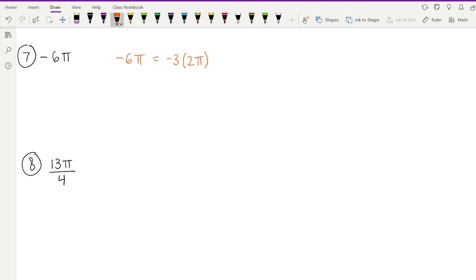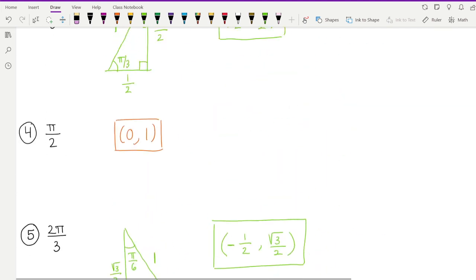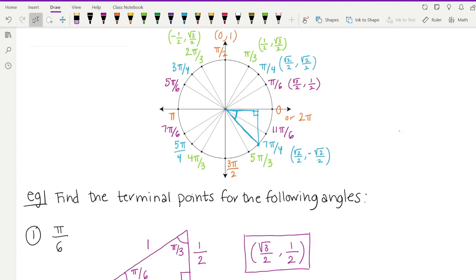So what is that angle going to actually look like? Well, 2 pi would be doing a full rotation. We're just going to be doing that rotation 3 times, and we're going to be going clockwise rather than counterclockwise. And so our angle is going to look like this. Negative 2 pi would be like this. Negative 4 pi would be going around again.